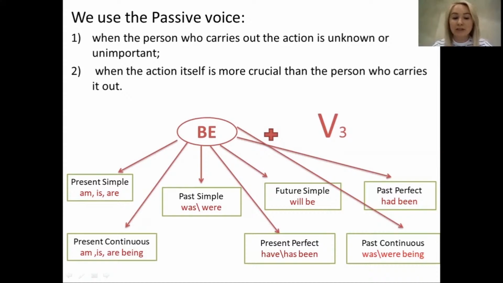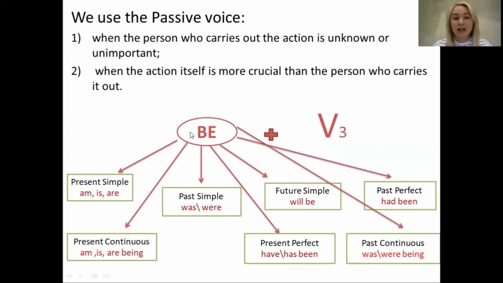To form the passive voice, we use the general formula: the verb to be plus past participle. But you should remember that you change only the verb to be itself. You put the verb to be into the correct tense you need. There are some options that demonstrate these changes.